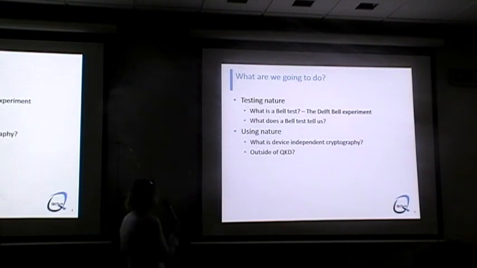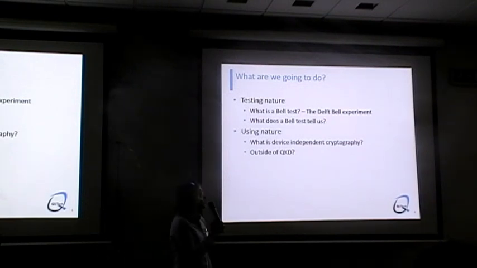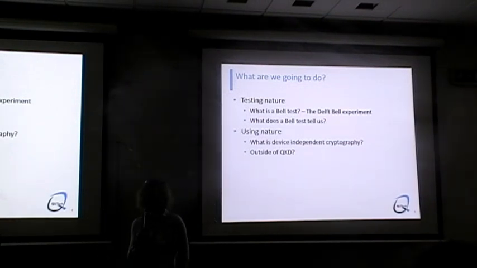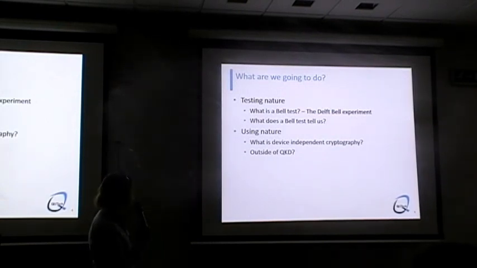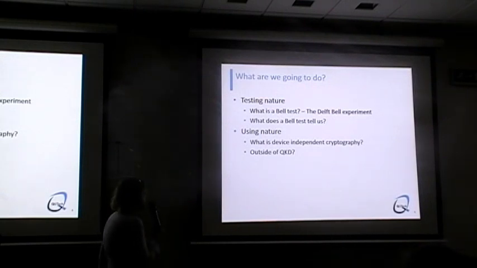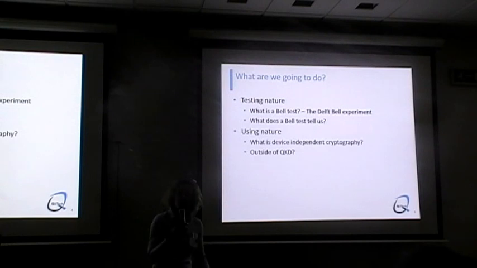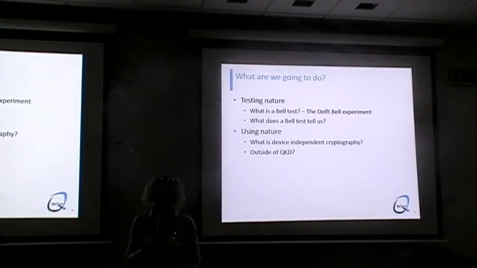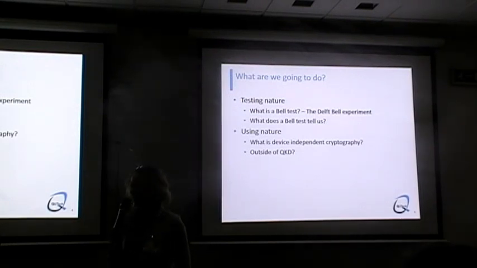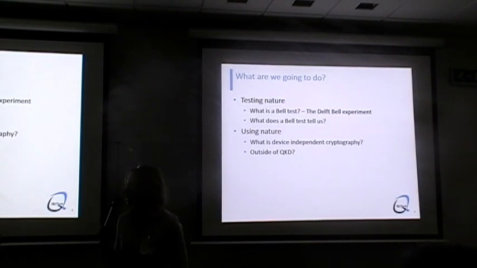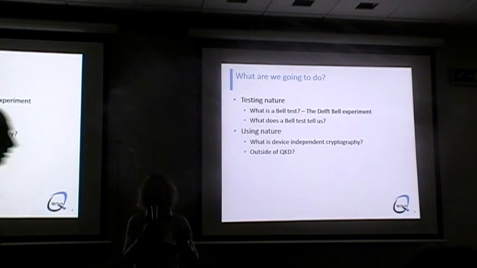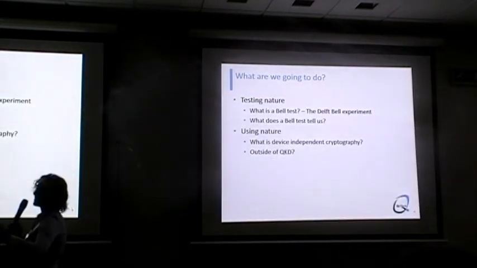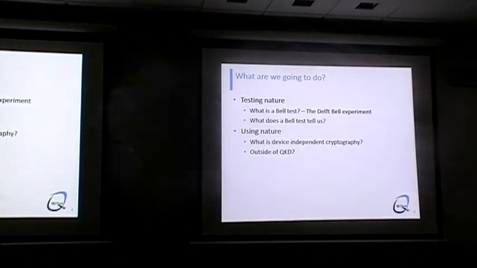And I will spend a roughly equal amount of time talking about what a Bell test establishes, and also what it does not establish. In the second part I will go to using nature. We'll talk about device-independent crypto, in particular beyond quantum key distribution that you may already be familiar with. Here the statement we'll plug in is that security does not hold, and we'll show the falsehood of this.